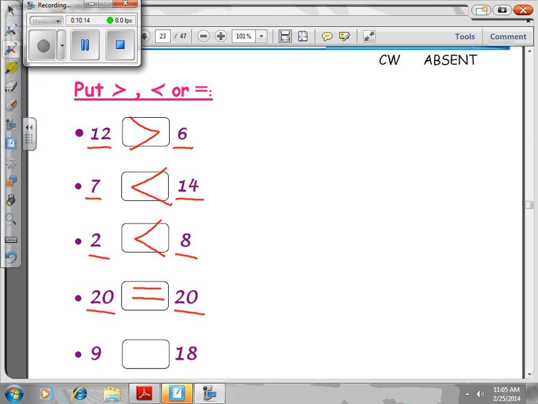The next example, I have 9 and 18. Which is bigger, 9 or 18? 18 is bigger than 9. So the mouth of the hungry alligator will open to eat the bigger number, 18.